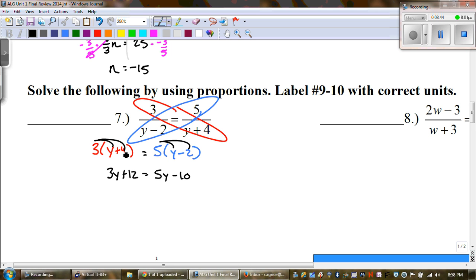I want my variables on one side. So I'm going to subtract the smaller one. Minus 3y minus 3y. And we get 12 equaling 2y minus 10.